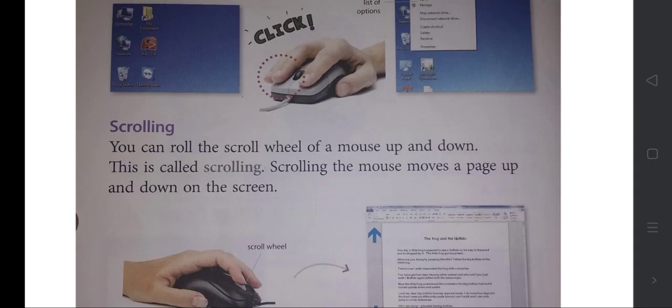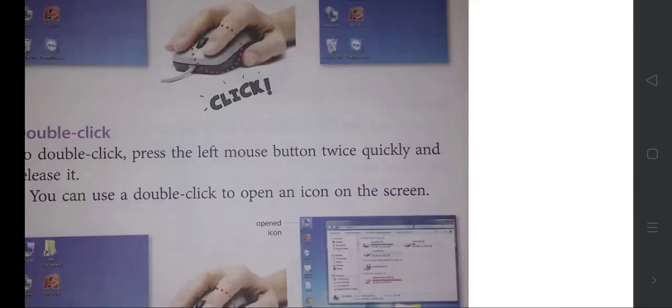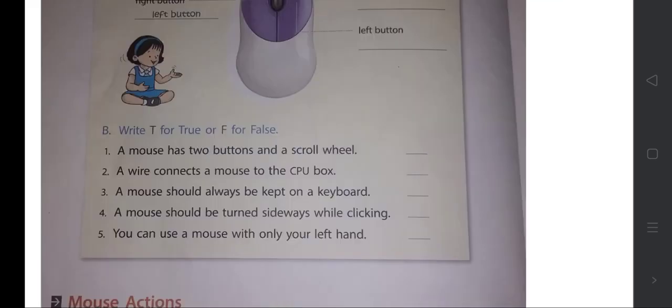You will copy everything in the textbook, including the true or false activity we have done. This also I will send you through your WhatsApp group. The question answers alone you will write in your classwork.